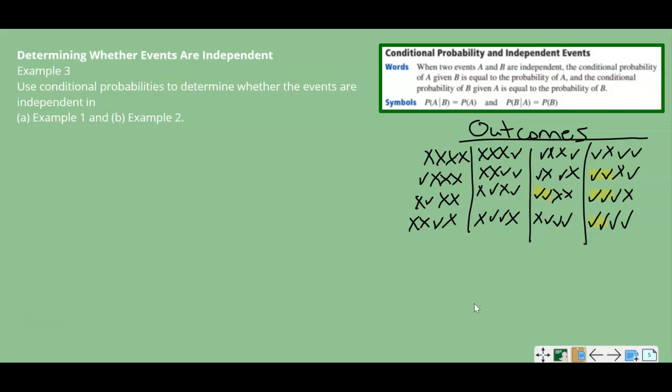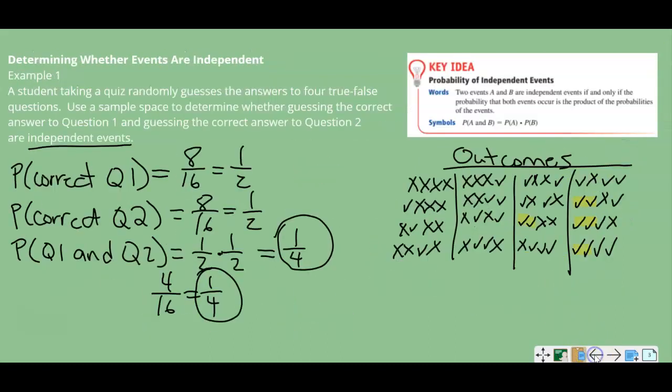The probability that we're correct on question 1 would be probability of A, and the probability that we're correct on question 2 would be probability of B.